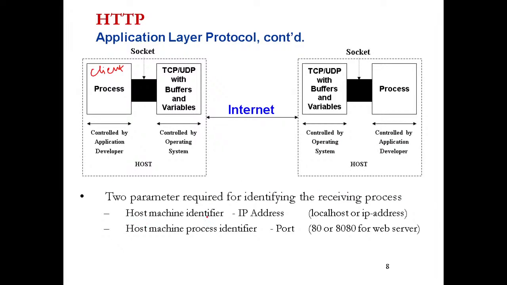One is the host machine identifier, that is the IP address. The other is the host machine process identifier, the port. So a socket means the port from which you want to send a packet. Socket programming is basically related to this: how we send our data through the port and then transmit it onto the internet.